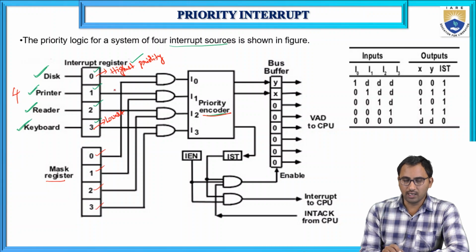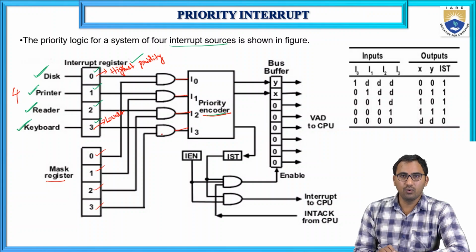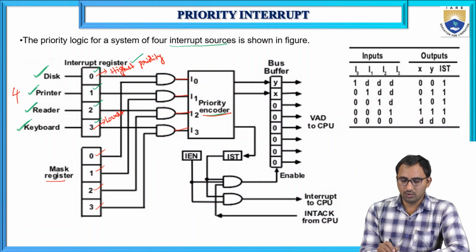Like that we have given the connections, and the outputs of all the AND gates go to the inputs of the 4x2 priority encoder. The output of the first AND gate is given to I0, the second to I1, the third AND gate output to I2, and the fourth AND gate output to I3 of the priority encoder.